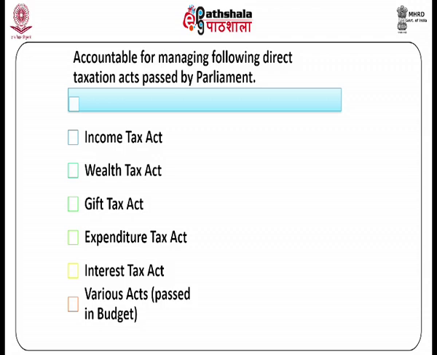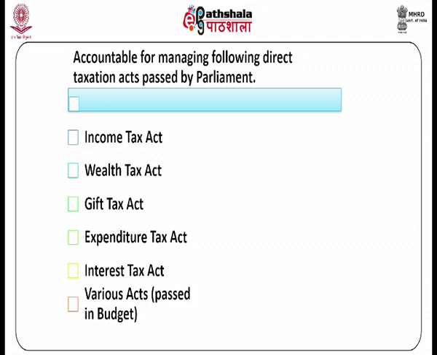These are the Income Tax Act, Wealth Tax Act, Gift Tax Act, Expenditure Tax Act, Interest Tax Act, and various finance acts passed every year in the budget session. The Income Tax Department is also accountable for imposing double taxation avoidance agreements and deals with several characteristics of international taxation like transfer pricing.